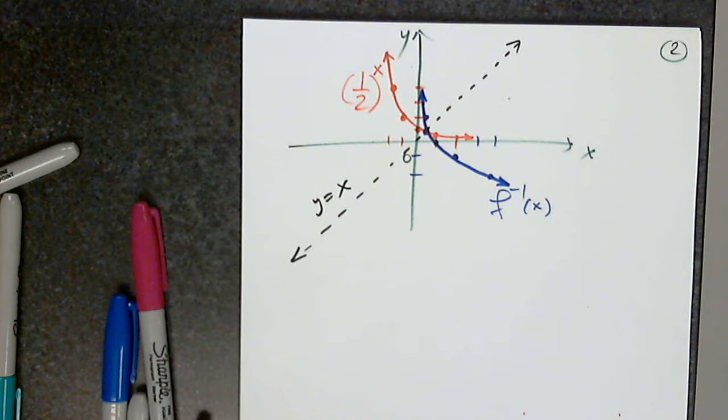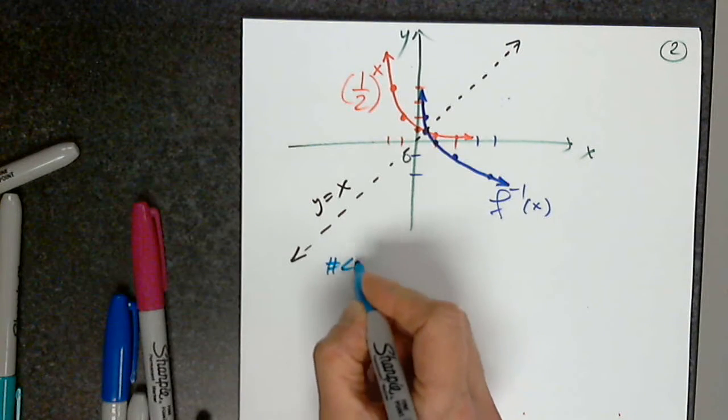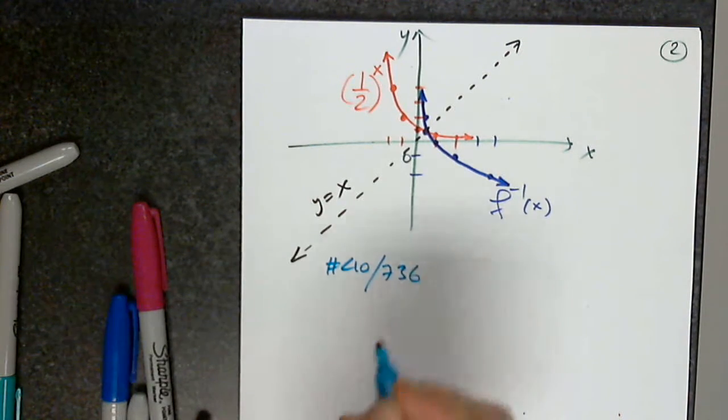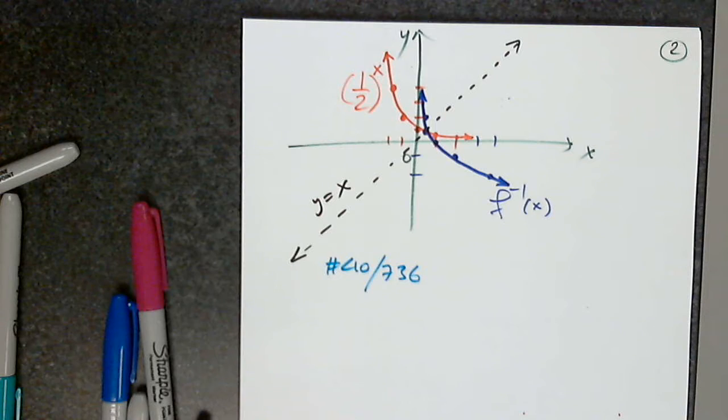These are the easiest possible word problems. Let's say 40 on page 736. Let's read it. Retail revenue from shopping on the internet is currently growing at a rate of 26% per year.